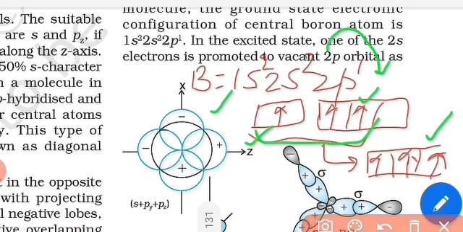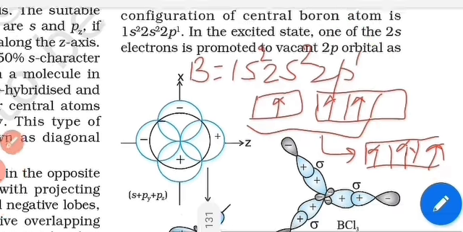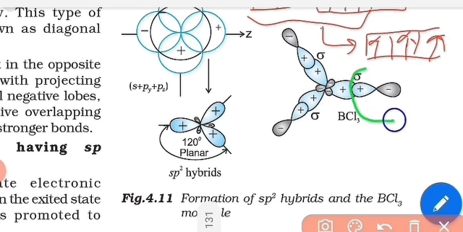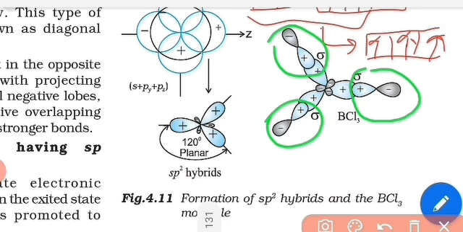To feel minimum repulsion, these 3 hybrid orbitals orient around boron atom at an angle of 120 degree, and these hybrid orbitals after that overlap with unoccupied p orbital of chlorine and we get 3 sigma bonds. Since bond angle between bonds is 120 degree, the shape of BCl3 molecule is trigonal planar.